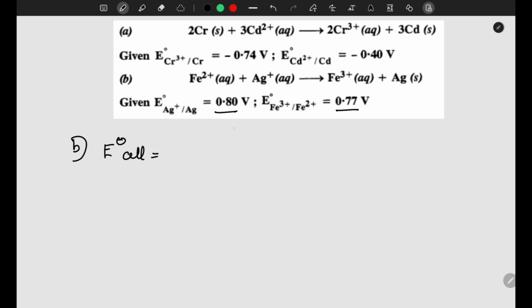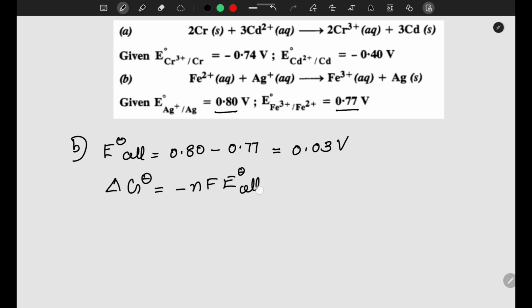So silver is undergoing reduction and iron is undergoing oxidation. So cathode minus anode: 0.80 minus 0.77 volt. So when we take the difference, we will get 0.03 volt. Now delta G naught is equal to minus nF E naught cell.